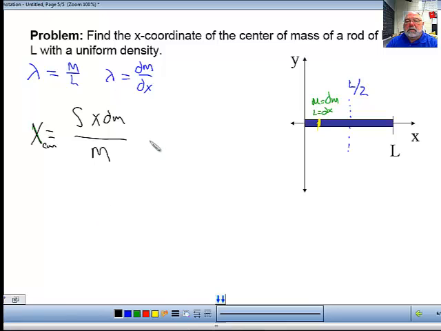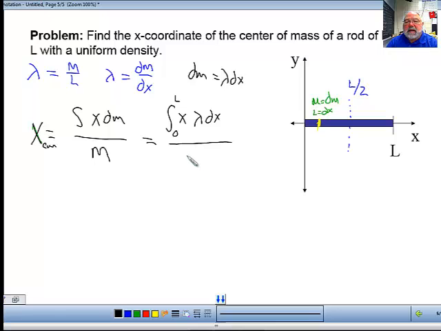Okay, well, the integral of x, and I'm going to put limits on it, right? We're going for x equals 0 to x equals L, 0 to L. Okay, and dm from this step right here is equal to lambda dx, all over the total mass.